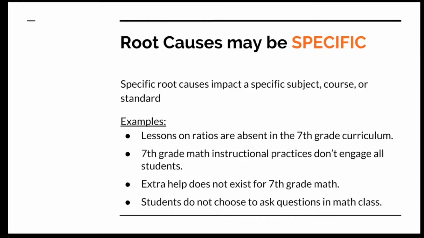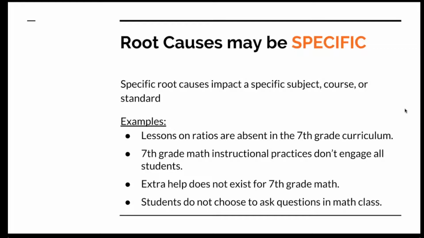Or in the student body breakout, when you do that and you get the minutes from that, it may show that the kids are saying, I just don't feel comfortable asking questions. It's going too fast, it's going too slow, whatever. All of that information is very specific, but very, very important.